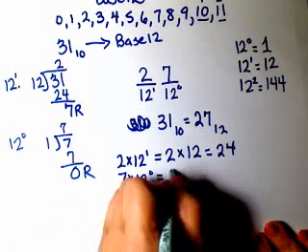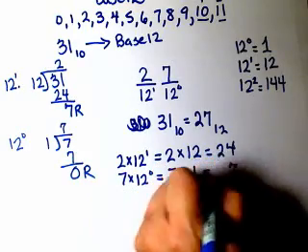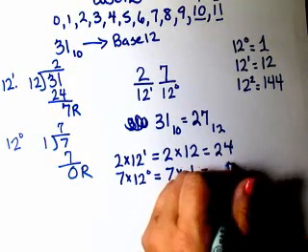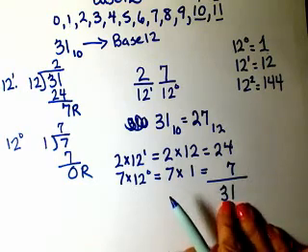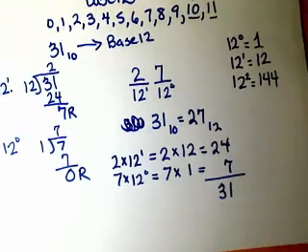I have 7 times 12 to the 0, which is 1, so that's 7. Then add those together, and 24 and 7 is 31. So indeed, 27 base 12 really is 31 base 10.